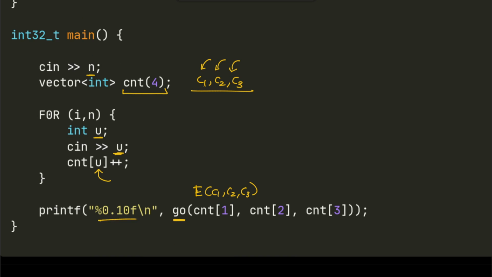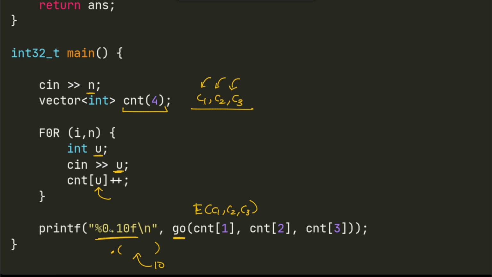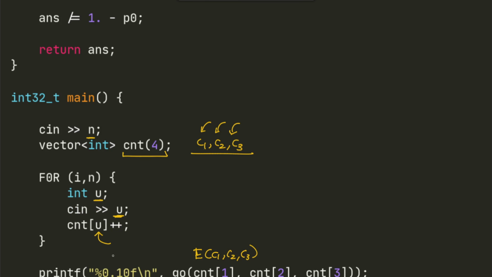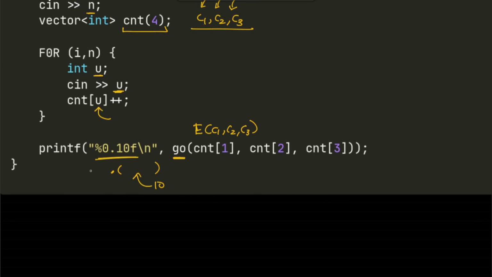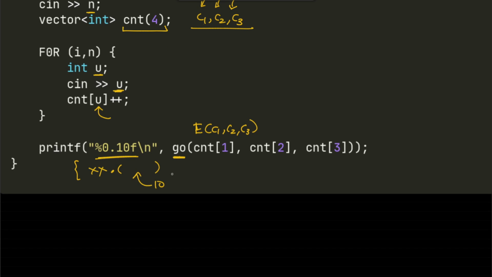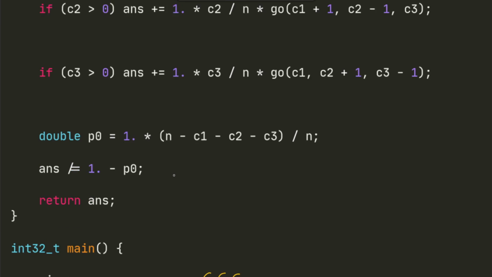This is for printing the answer with 10 digits after the decimal point. Whatever the answer, this is the precision limit for the question.